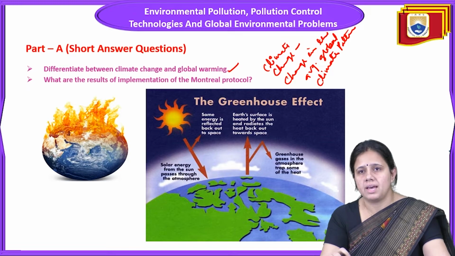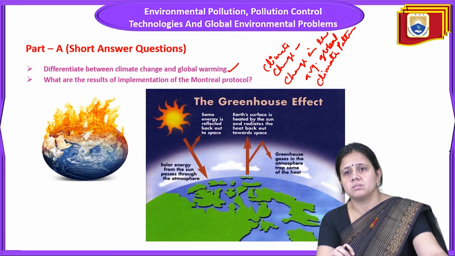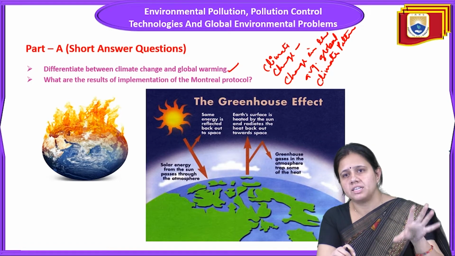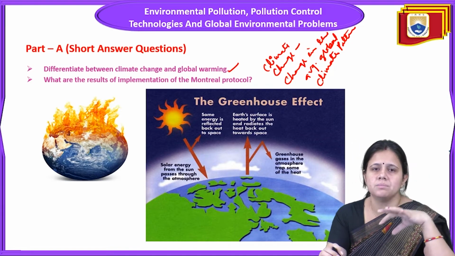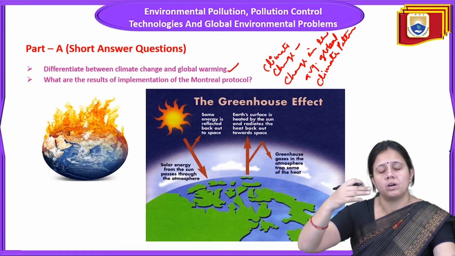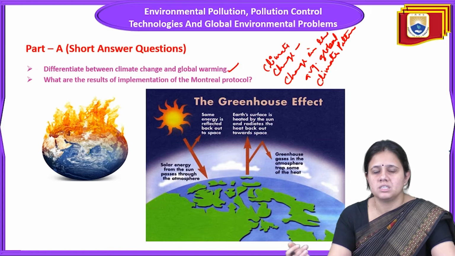So what will happen? The more greenhouse gases there are in the atmosphere, the more they trap some of the heat. Due to this, a car-like condition is created inside the Earth's surface. Like in a car, heat can come inside through a window but cannot go outside, because it is a glass material.